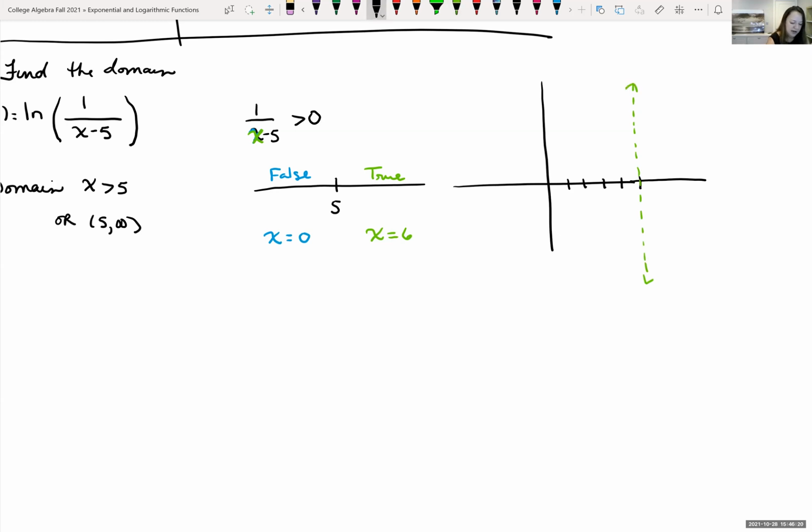This is just kind of review of what we were doing. A horizontal asymptote: the degree of the numerator is smaller, or rather the degree of the denominator is larger, so it's y equals 0.